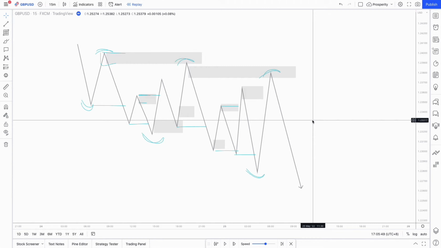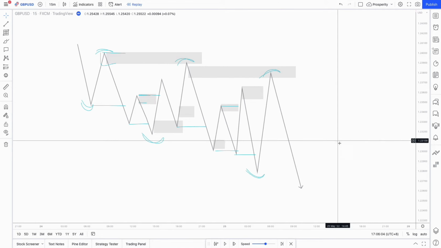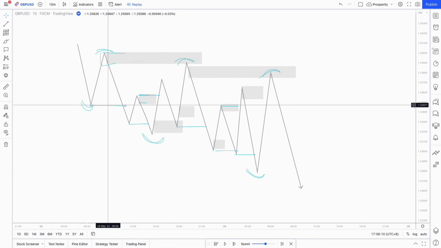In fact, the fundamentals of smart money are built upon the foundations of order flow and the fractal nature of price. So let me go ahead and show you how, as a smart money trader, we would understand this market. First and foremost, we can see that our level of supply right here has taken out a low.